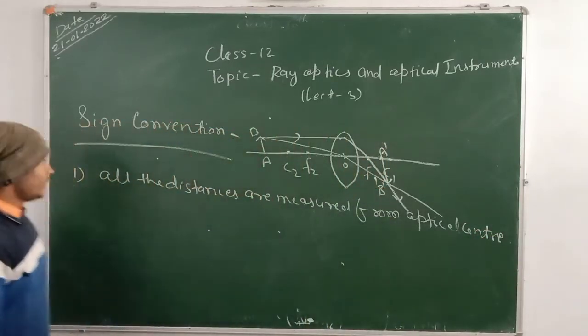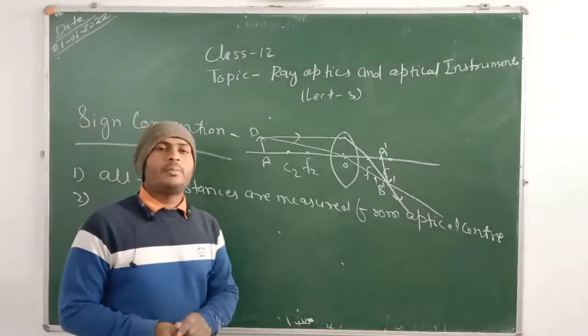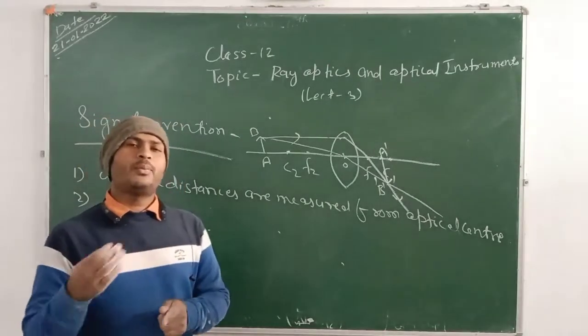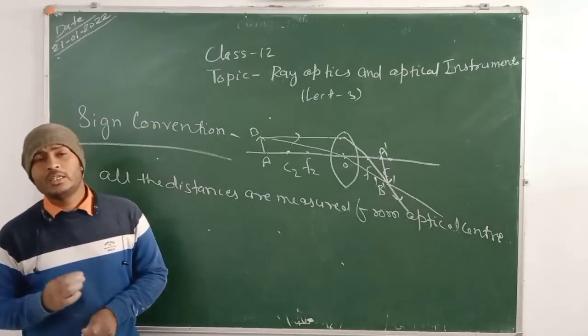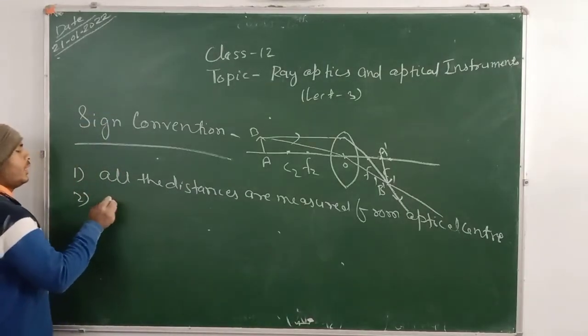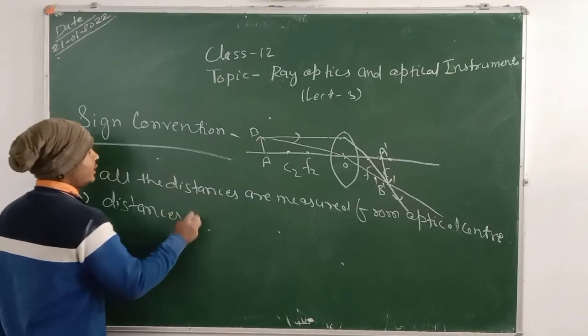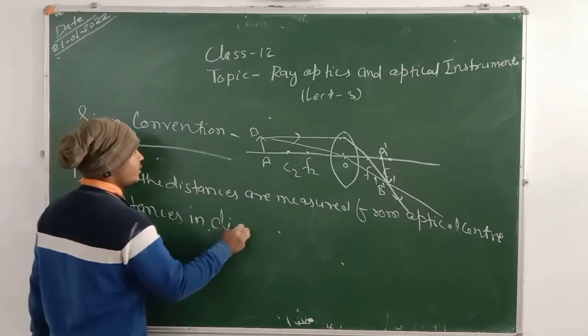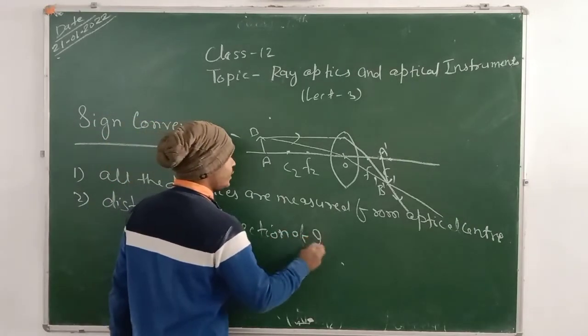Now look here, the second one is the distances measured in direction of incident ray is taken as positive, and distances measured in opposite direction to incident ray is taken as negative. So the second sign convention will be distances in direction of incident ray.